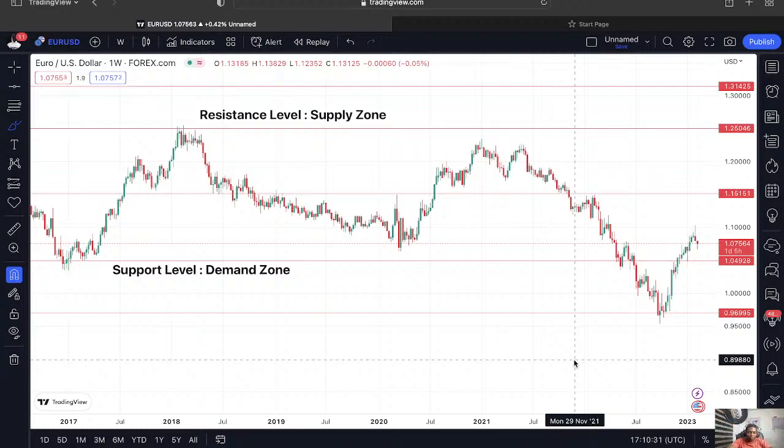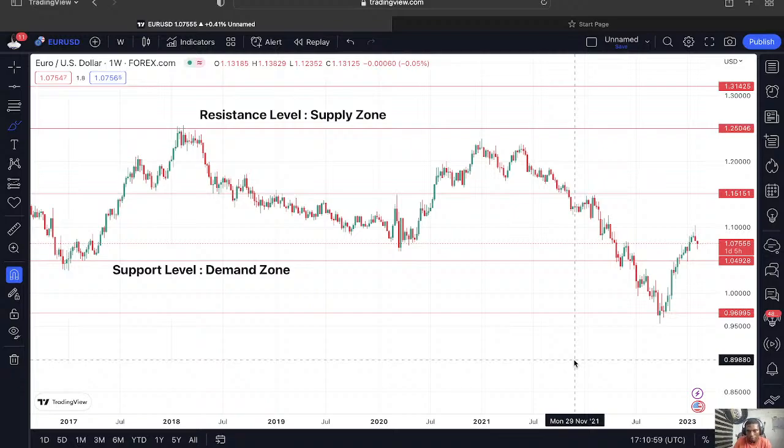The smaller time frames take us into the current market situation. As we go from the weekly time frame to the daily time frame to the 4 hours time frame, we are able to see what is currently going on within those smaller time frames.